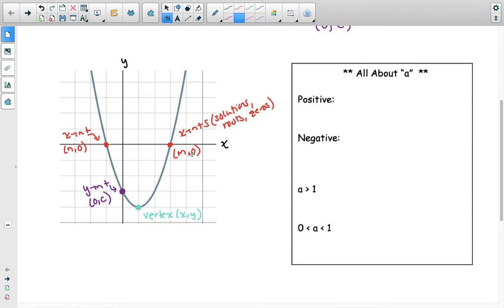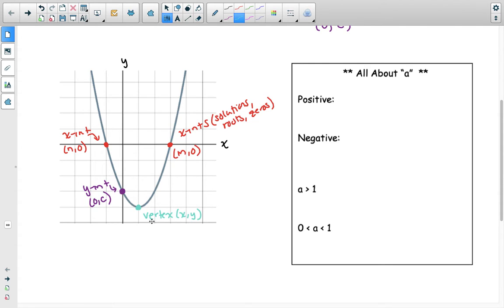X-intercepts have a y value of 0. Y-intercept has an x value of 0. The vertex will only have a 0 if it hits those spaces. So a vertex is not going to have a 0 automatically. But your vertex is where it stops decreasing and starts increasing, or stops increasing and starts decreasing. It's when it changes directions.